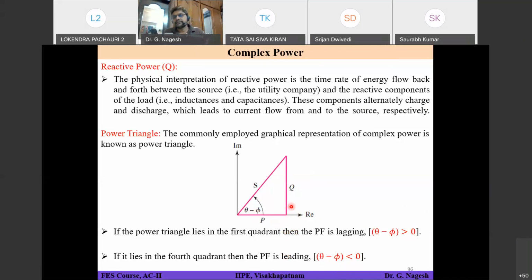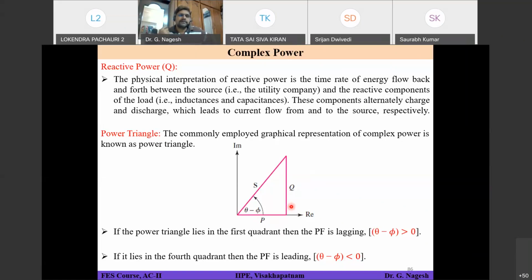You are understanding, right? Because of the existing Q, you have a power factor of 0.8, so some reactive power value is there. I want to bring it down, so I should add a Q in the fourth quadrant.